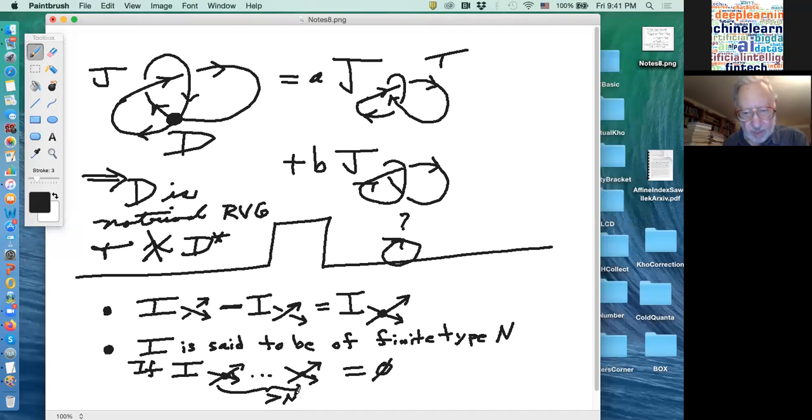All right? So I vanishes for G with greater than n nodes.